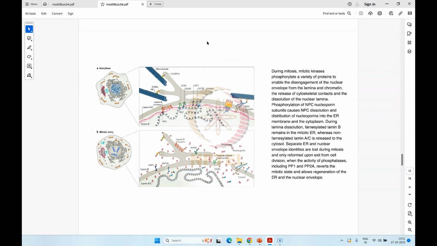The other thing that I had mentioned previously is that the nuclear envelope also disassembles during mitosis. There are different mitotic kinases which are going to phosphorylate a lot of stuff inside the cell.